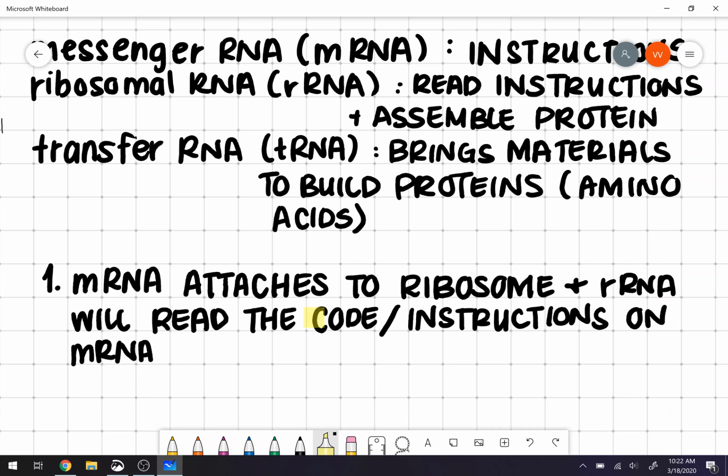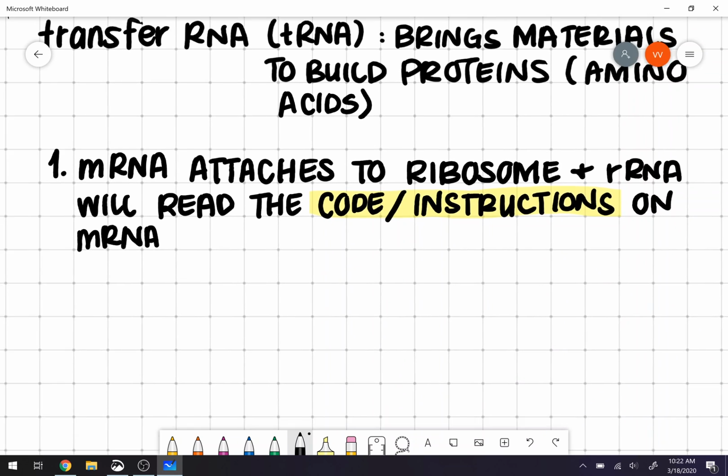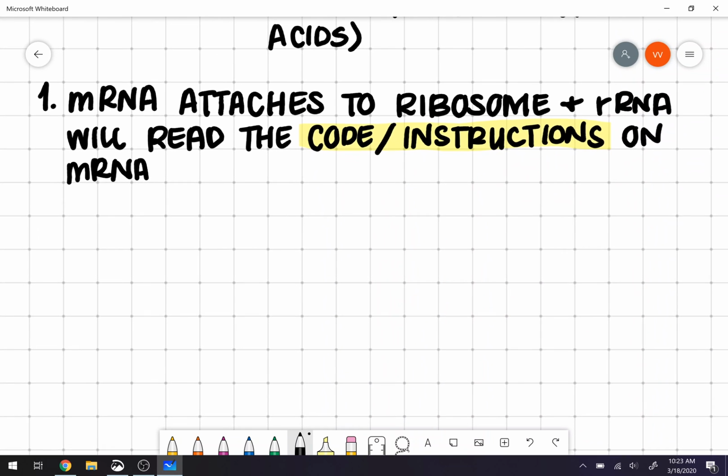Now, those codes, instructions, they have a name. They are called codons. I know what it sounds like, but that's not what it is. Codons are read as every 3 base pairs.